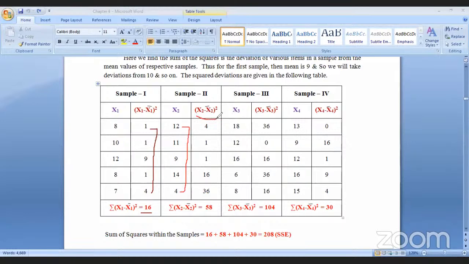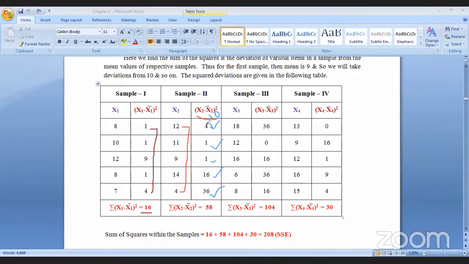Here, x2 minus x bar 2 whole square. X bar 2, how much? 10. Just write 10 here. 12 minus 10 is 2, 2 square is 4. 11 minus 10 is 1, square 1. 9 minus 10 is 1, square 1. 14 minus 10 is 4, 4 square is 16. 4 minus 10 is 6, 6 square is 36.